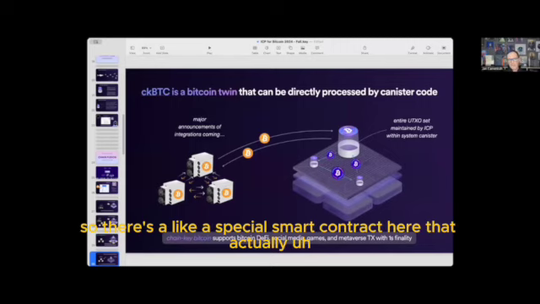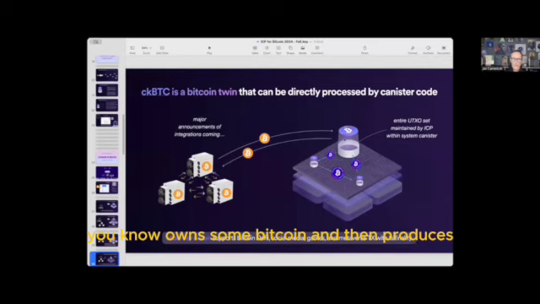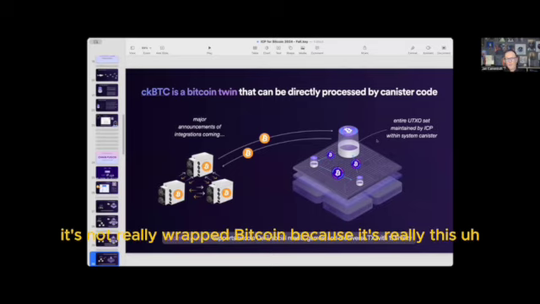There's a special smart contract here that actually owns some Bitcoin and manages that Bitcoin as a ledger. So it produces ckBTC, which is this Bitcoin twin, right? As I said, it's not really wrapped Bitcoin, because this ckBTC Bitcoin twin is controlled by the smart contract.